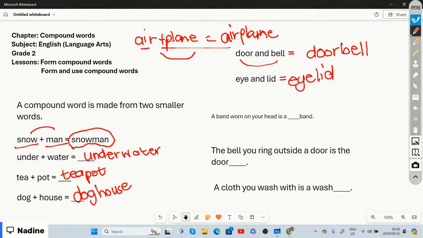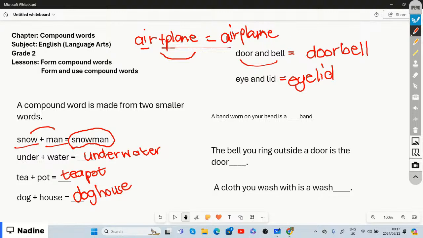But for example, there are certain words that you don't pick up, right? So then we have eye and lid is eyelid, door and bell is doorbell. Now, if we look at the specific sentence, it says a band worn on your head is a what?